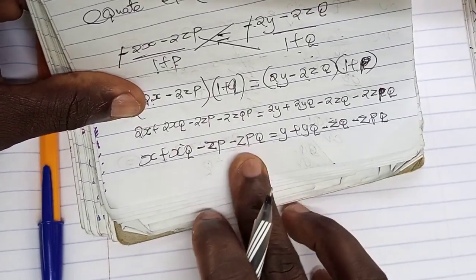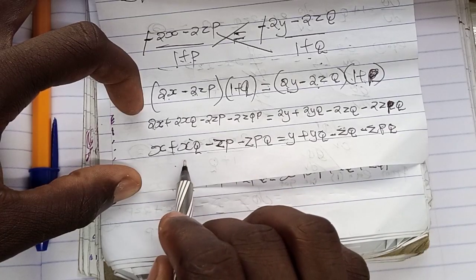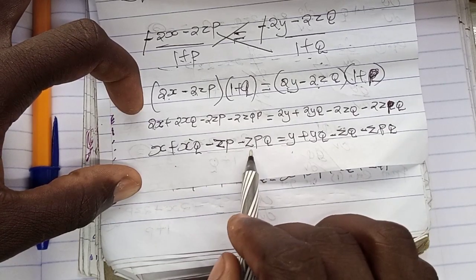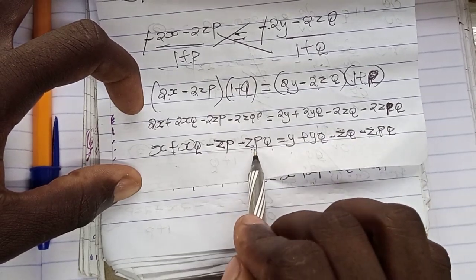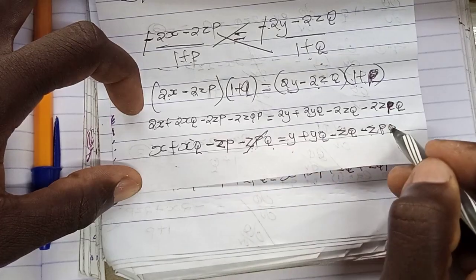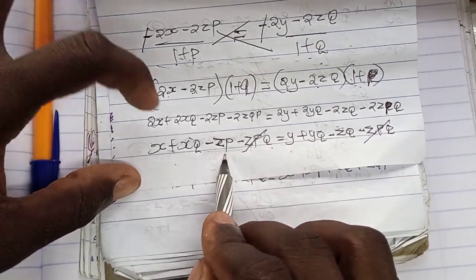Now this is our equation. If you take this one across this side, it will be plus. Then this one plus this one will cancel. This one will cancel. Then we will remain with.